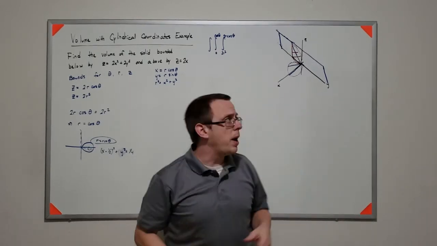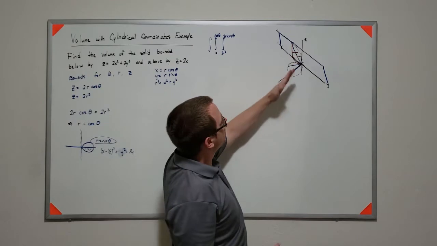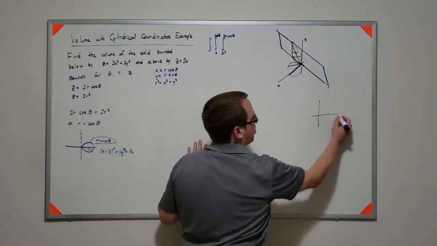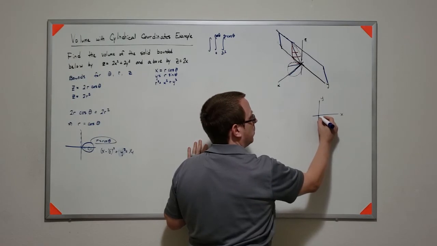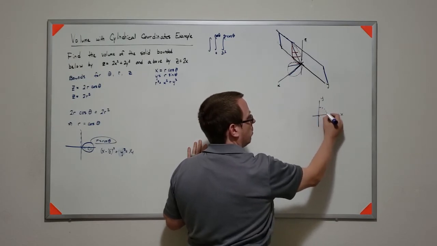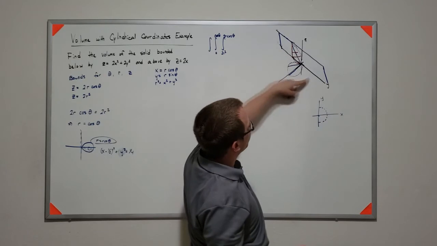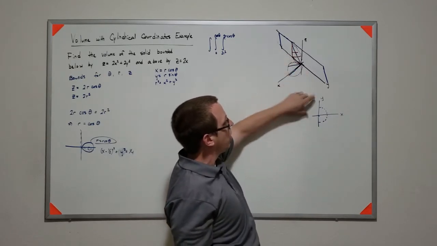And then for the theta bounds, if you think about the xy plane, this is positive y, that's negative y.